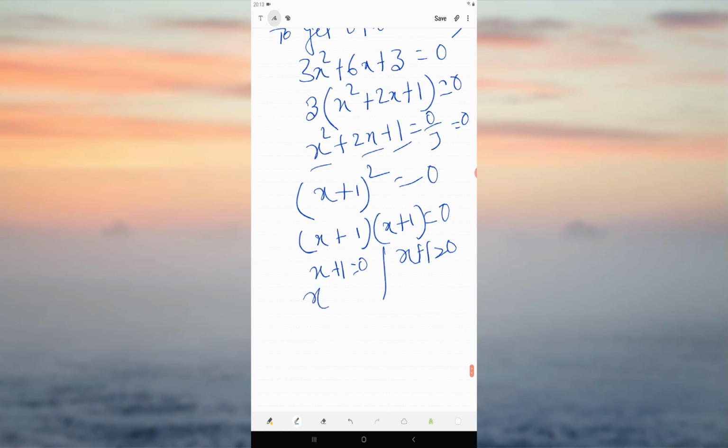So we get x equals minus 1, and this also x equals minus 1. So what are the other zeros? The other zeros are minus 1, minus 1.